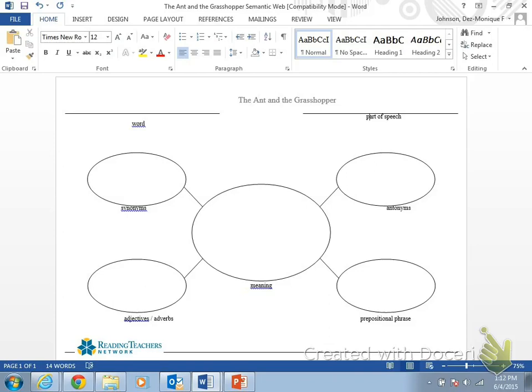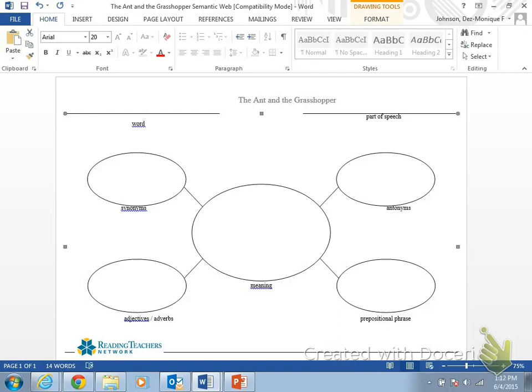Now I want you to go back to your semantic web, and I want you to think about all the information you're going to need to get from the dictionary in order to complete your web. So first, you're going to need to know the word. We're going to be looking at two words, grains and gather. You're going to need to know the part of speech. You're going to need to identify synonyms, and I'm only going to ask you for two synonyms.